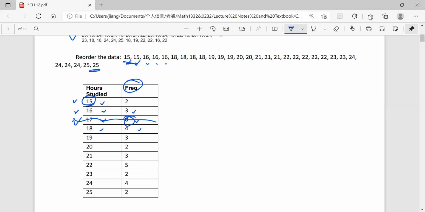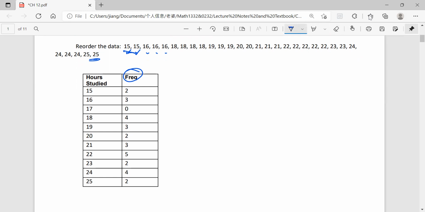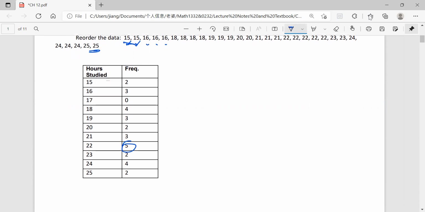We must have it. Next one after 17 is 18, 19, 20, 21, 22, 23, 24, 25. Even though there's no data for the hour 17, we still need to list the 17 there and give the frequency for 17 as 0. Okay, so if I have this frequency table, it's easy for me to see the data. So I see maybe 5 people studied 22 hours last week on the homework. So we can analyze this data.